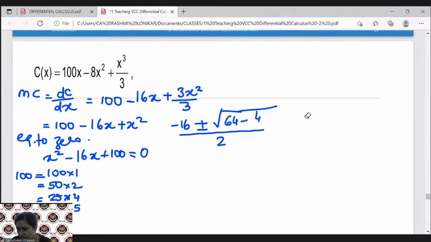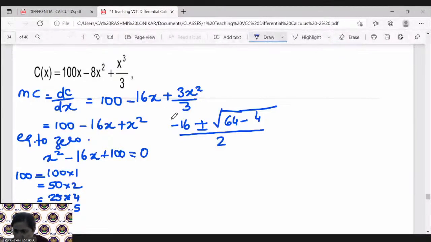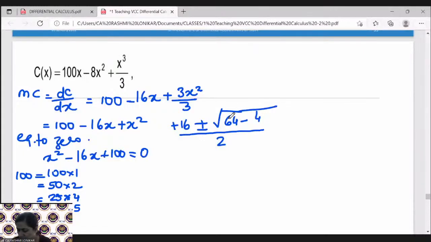So that is about 8. So minus b is minus minus plus, so 16, and b square is 16 into 16, 256.